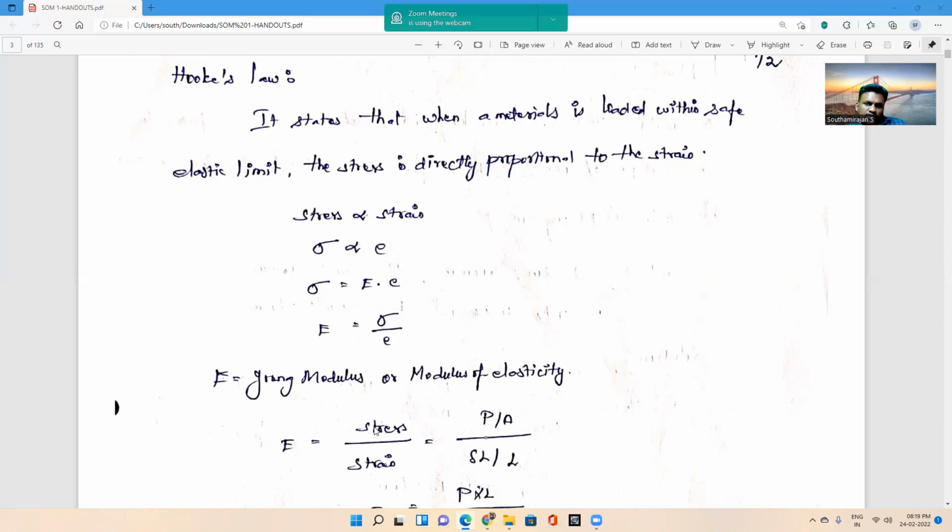Up to the elastic limit, stress is directly proportional to strain. Hooke, a scientist, identified that up to the elastic limit, stress is directly proportional to strain. After that, the material gets deformed.